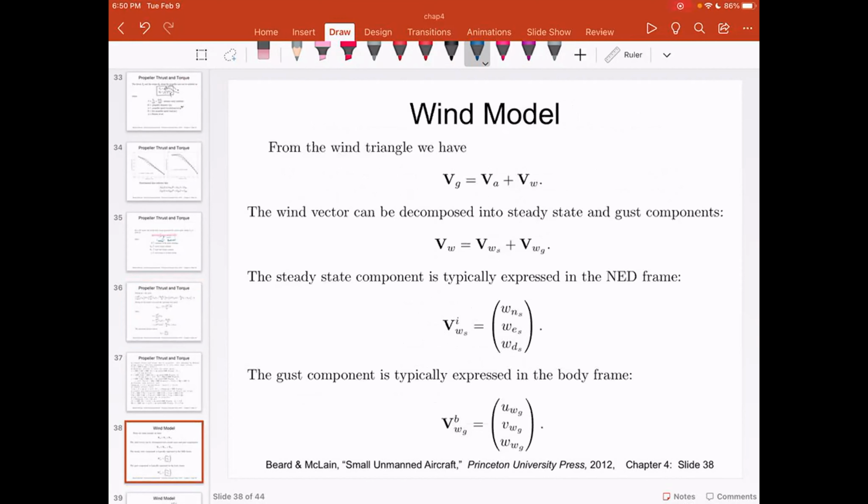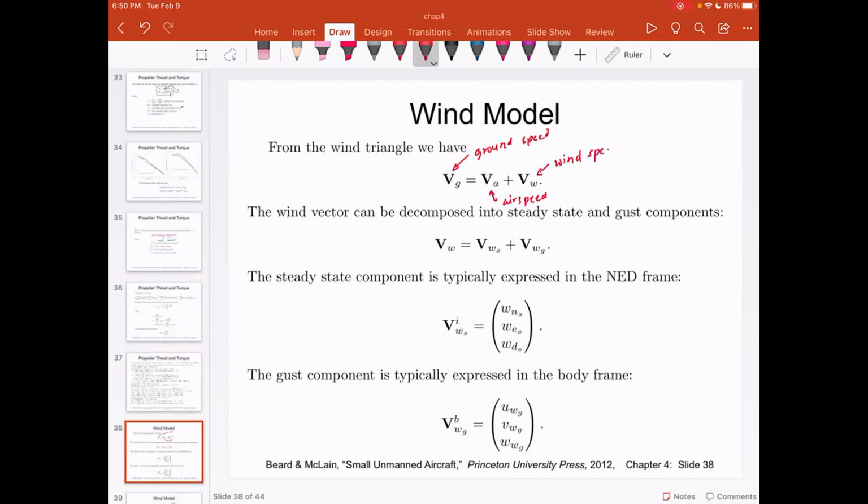We'll talk about this in the next class, but the external wind also plays an important role, because of the ground speed. If you look at the wind triangle, this is the ground speed, this is the air speed, and this is the wind speed.